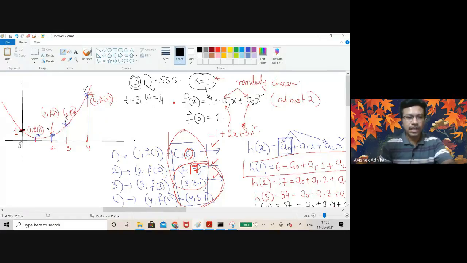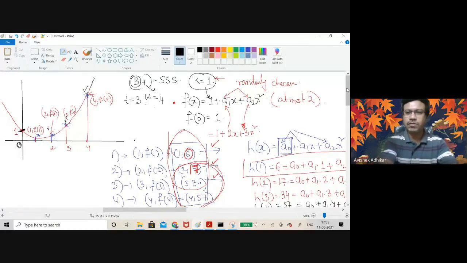So it was at 0, right? If you draw with these 3 points, you will again get the same parabola, and that unique parabola will cut the y-axis at a very particular point, and that will be your secret. Clear? So geometrically, it is also very easy to understand.